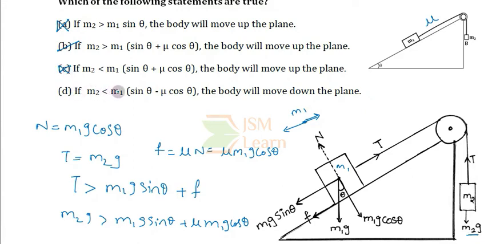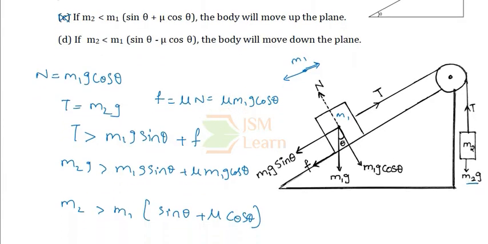Moving to option D, which says that the block will move downward along the plane. Let us find the condition if the block M1 is moving downwards.